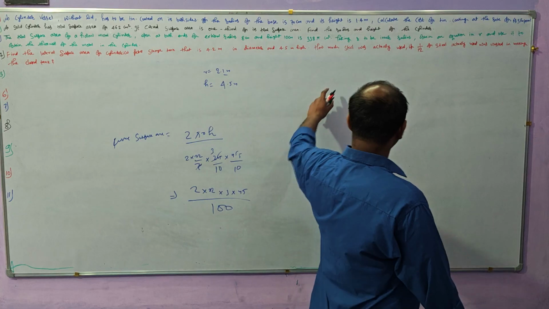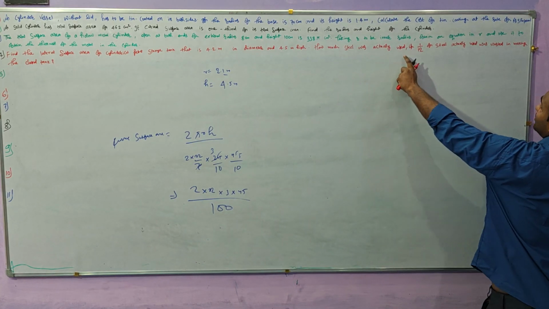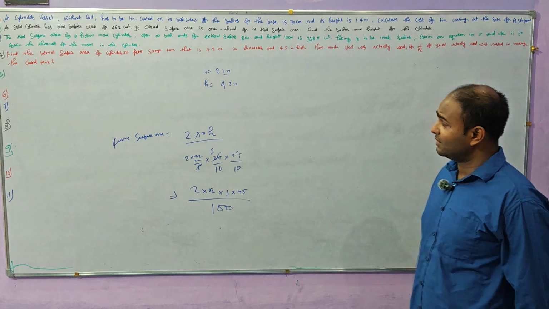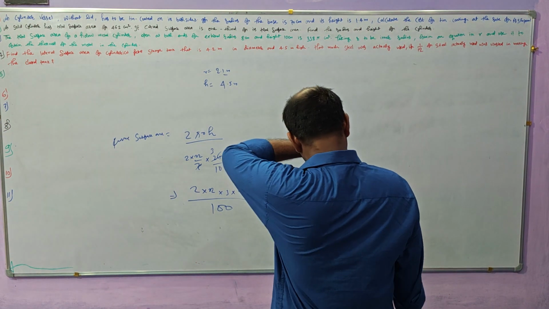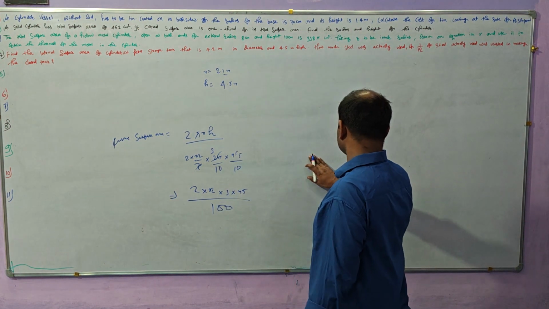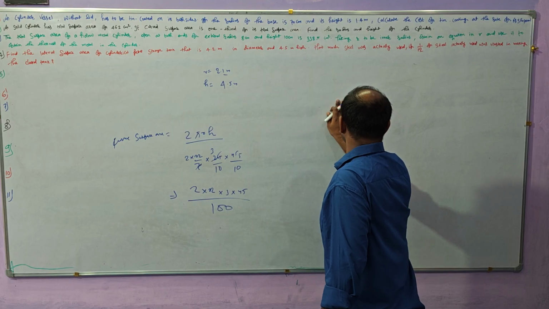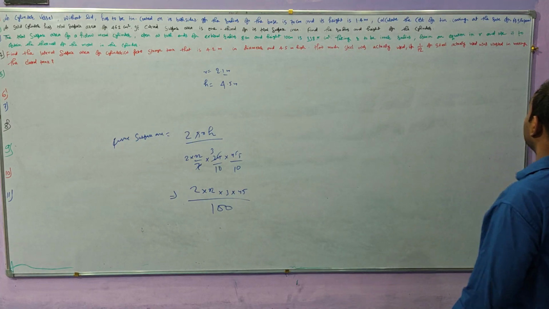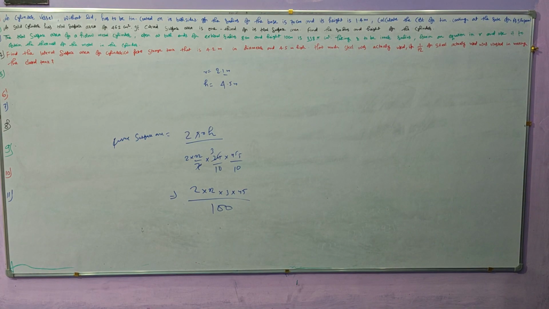Now, how much steel was actually used if 1 upon 12 of steel was wasted in making the closed tank? So we need to find how much steel was actually used.